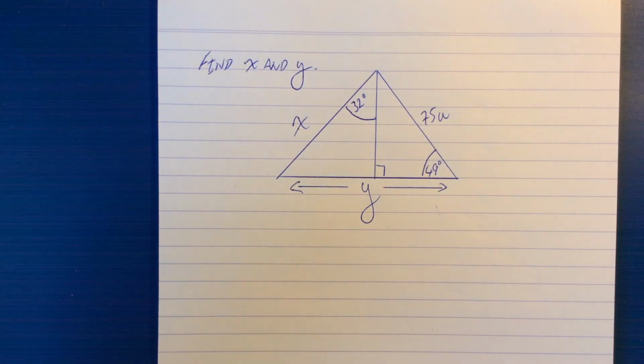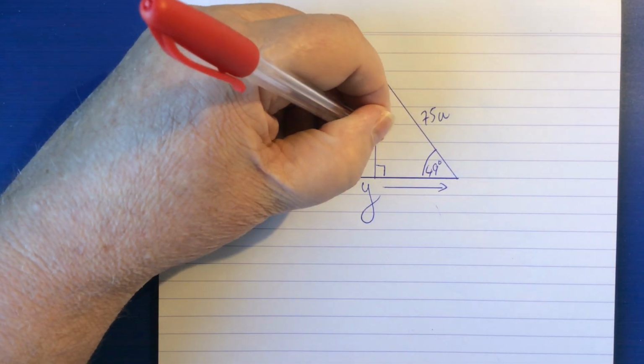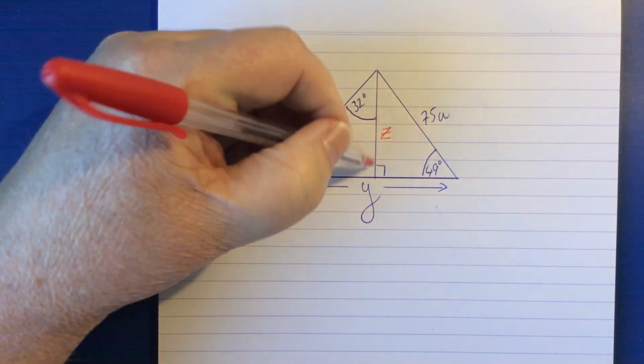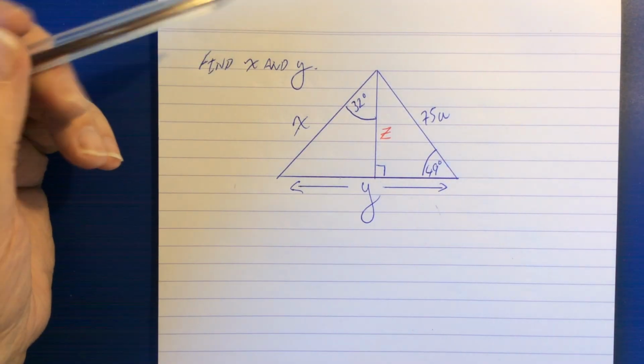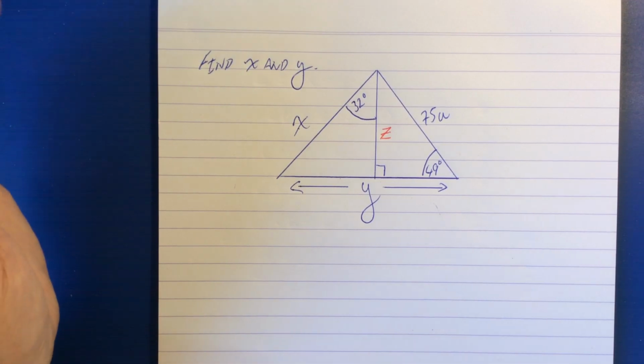Well, the first thing that I would do in such circumstances is figure out the height of this triangle here. I'd find this length here. And what that's going to allow us to do is to find a whole pile of other things.